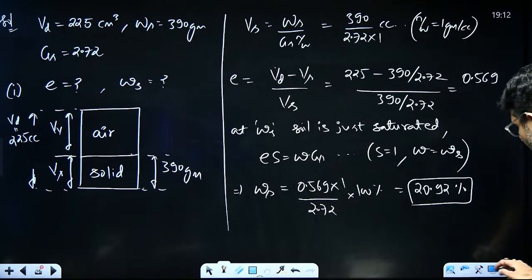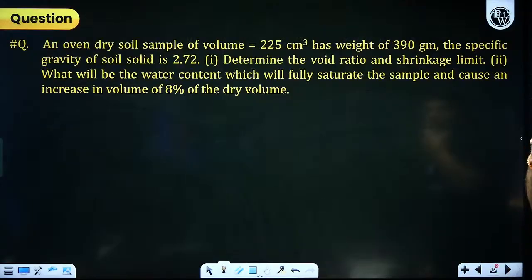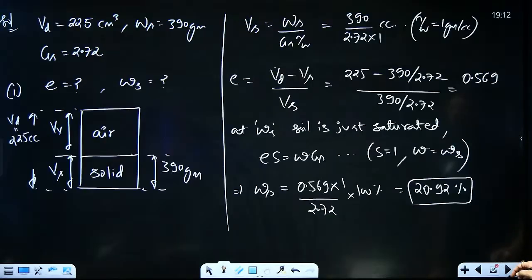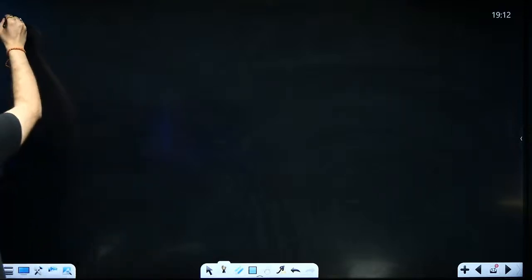Now we have to find out the water content that will fully saturate the soil and cause an increase in volume of 8% of the dry volume. So, let us solve this now.